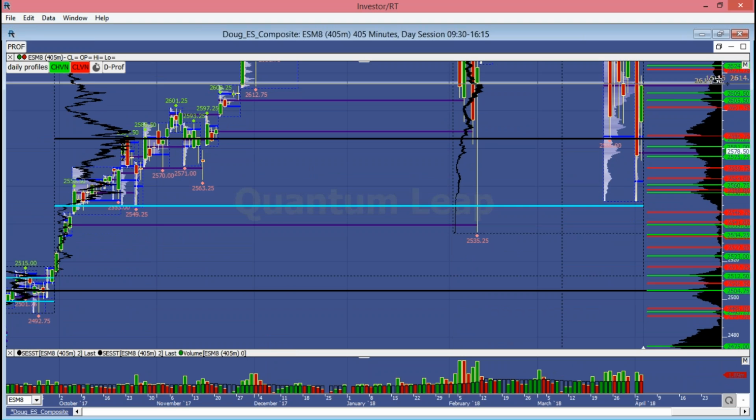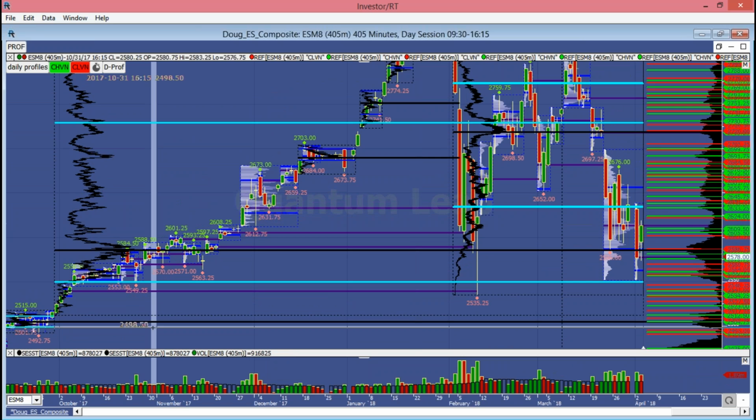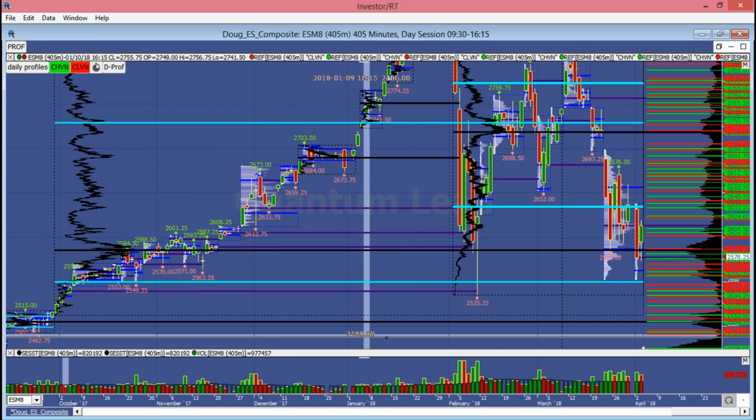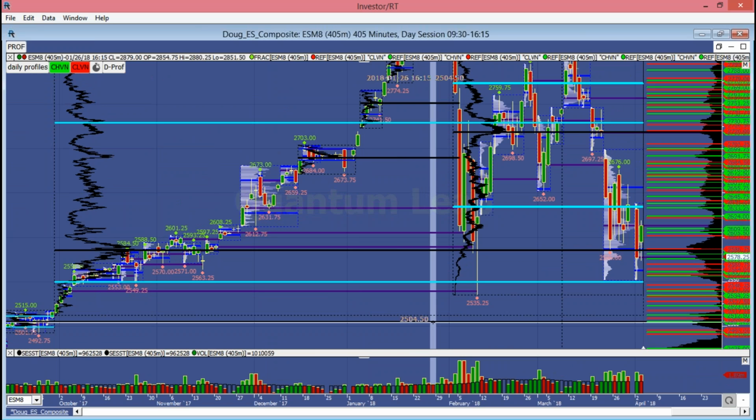Now, I made some changes. I've come down here from the last breakout and what I consider to be the next big target below, which is down in the 2505 area.